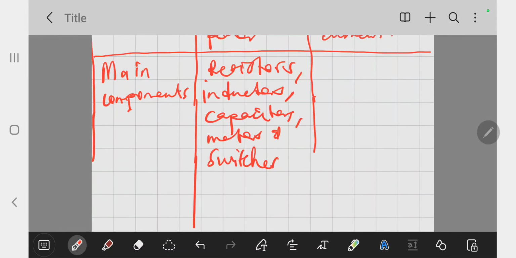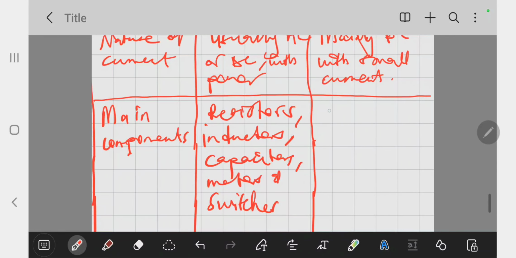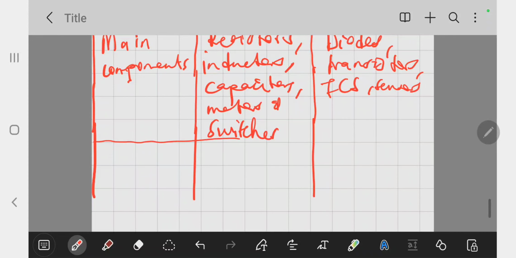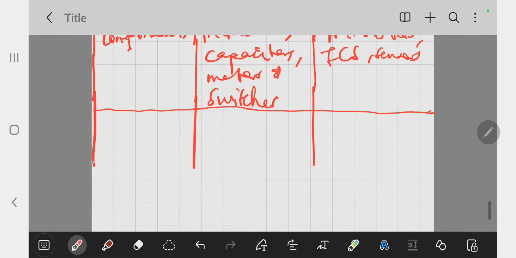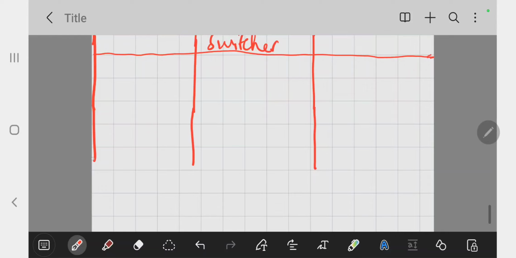Then when we talk about electronic circuits, we use components such as diodes, transistors, integrated circuits, as well as sensors, because in most cases an electronic circuit is mainly designed for the purpose of automation. So this is why you see components such as sensors and integrated circuits.